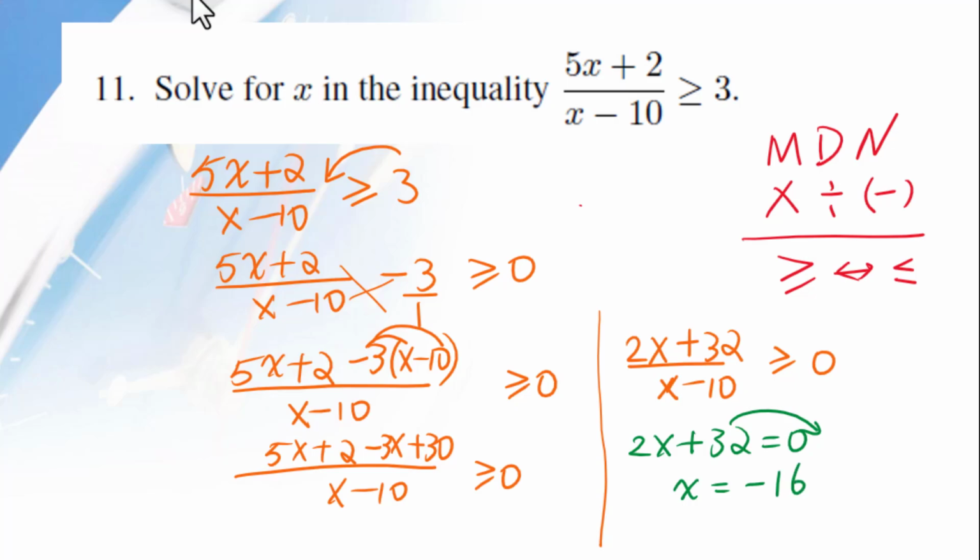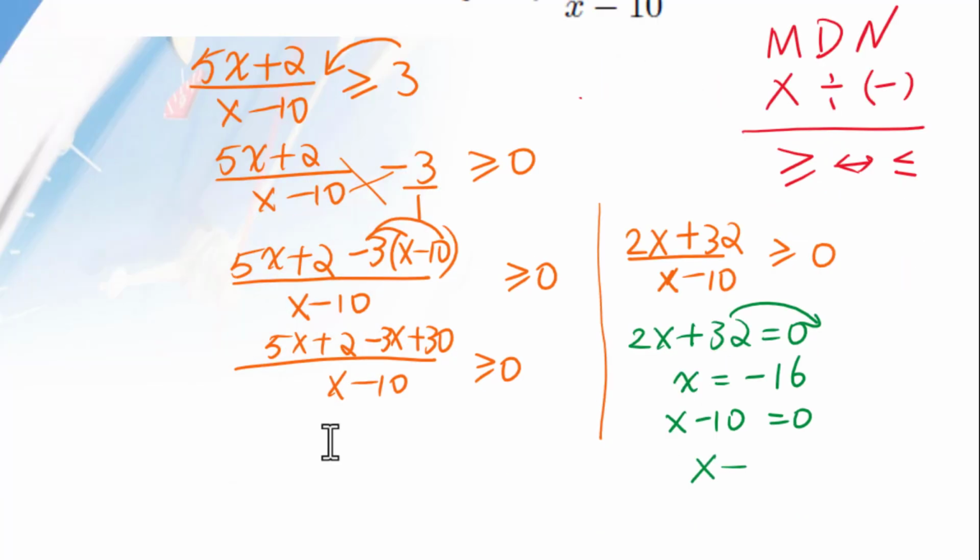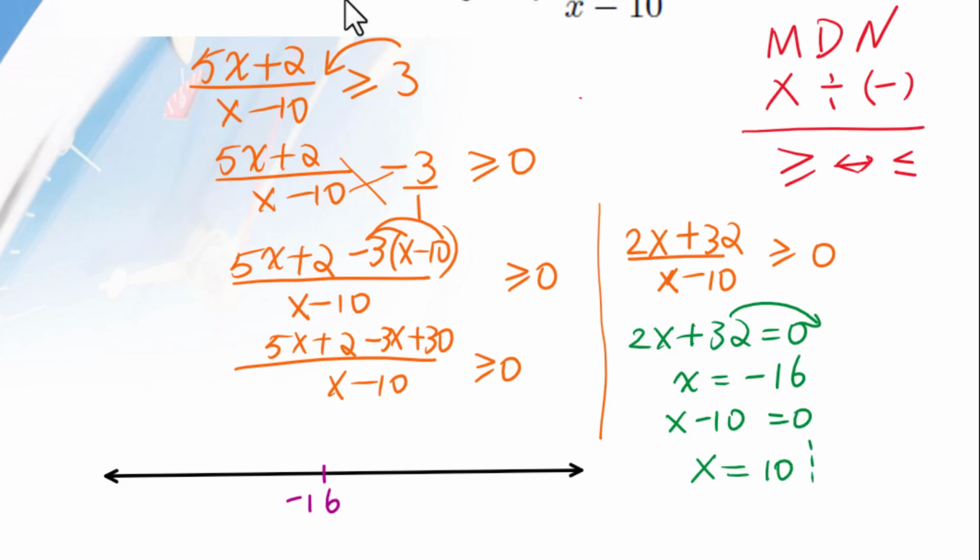For the vertical asymptote line, x minus 10 equals 0. Then x equals 10. This is a vertical asymptote line. Then we draw a number line. This is negative 16. Here is 10. Vertical asymptote line.